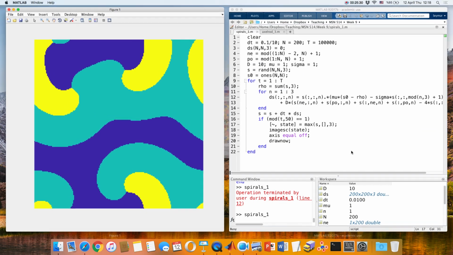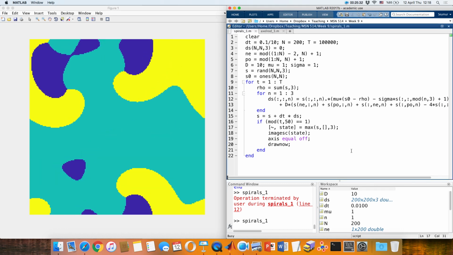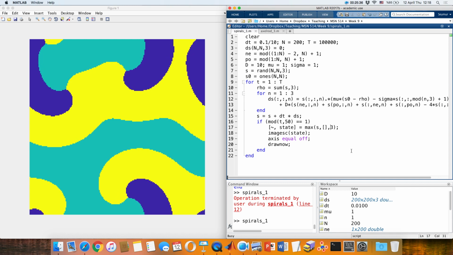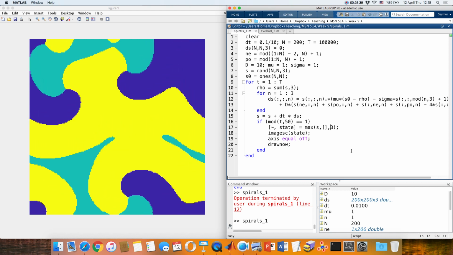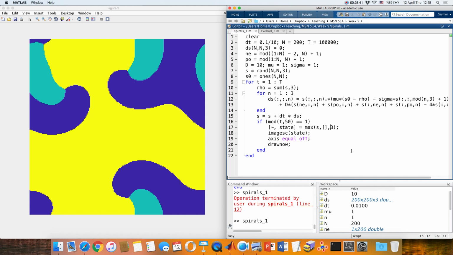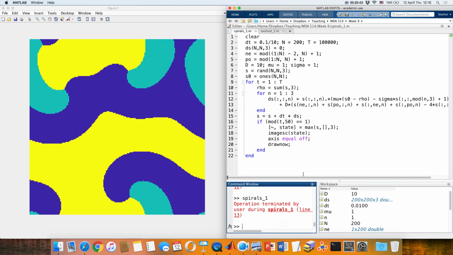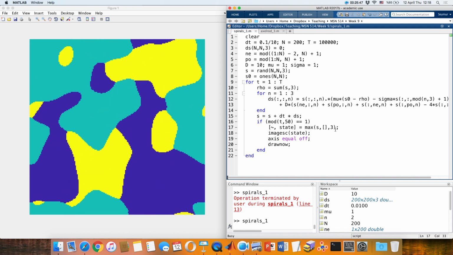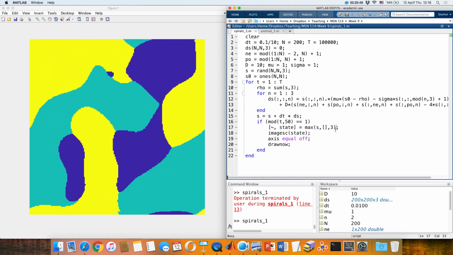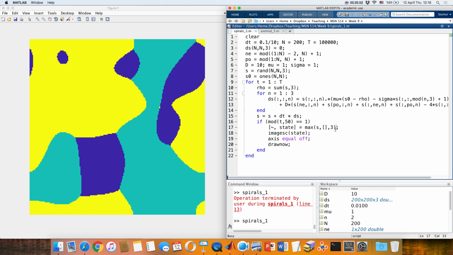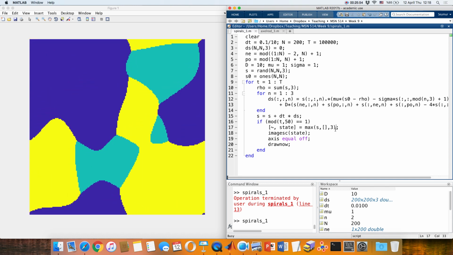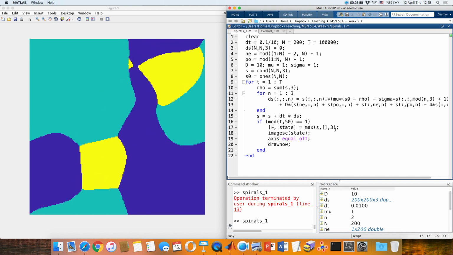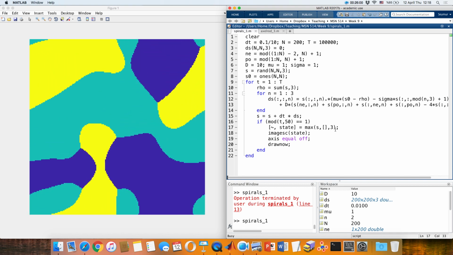See what happened? Despite the diffusion constant, they happen to form. Sometimes this also happens. Okay, let's run it again. Then it will keep there.